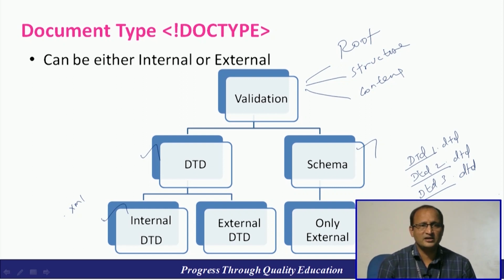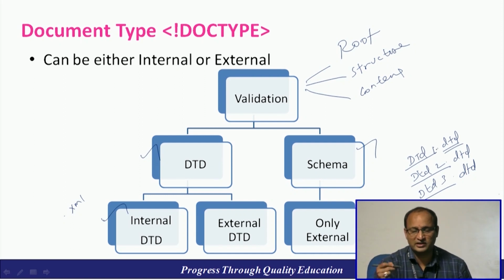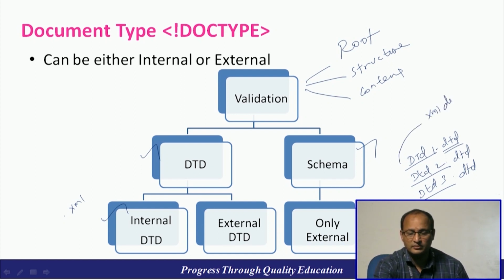For DTD we have to create the file with .dtd extension. Document type definition. A 3-character extension should be given for the file. We have created 3 files separately. This file can be used for validating one XML document.